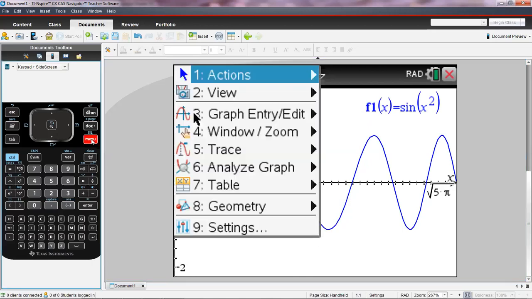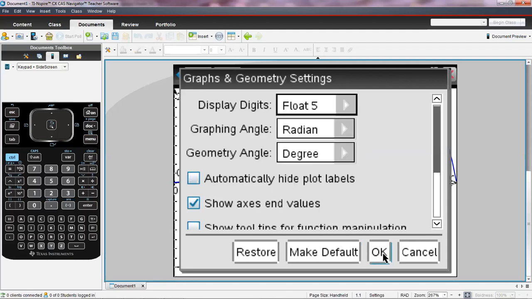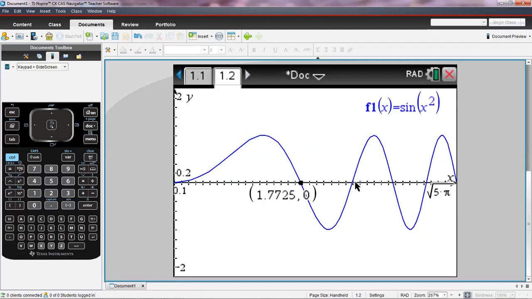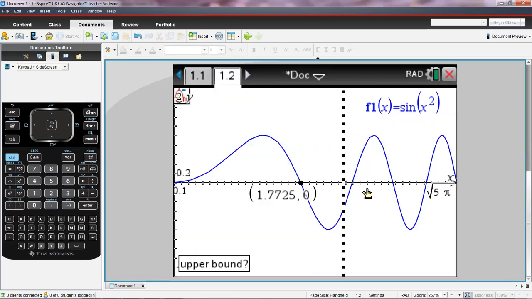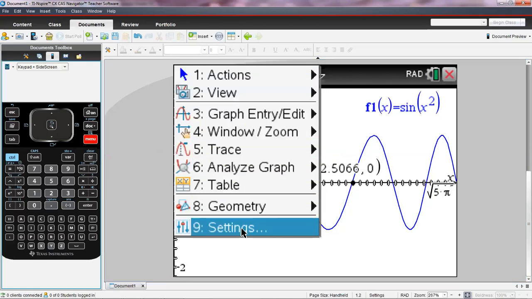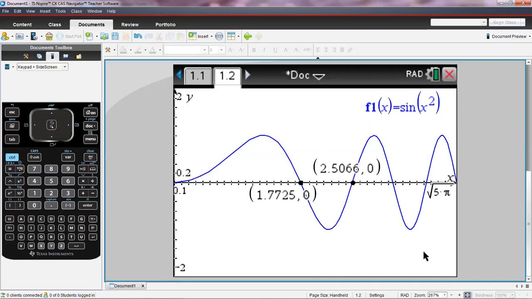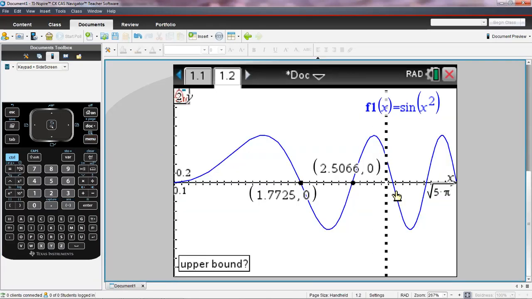And let me just use settings with more decimals, right? Okay, let me just find this one. So I menu, analyze graph, zeros, right here. So I have the second root. Now this one, I have this, right? 3.07.